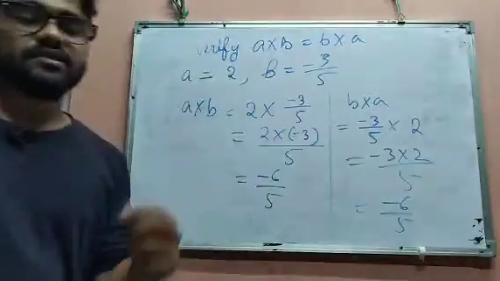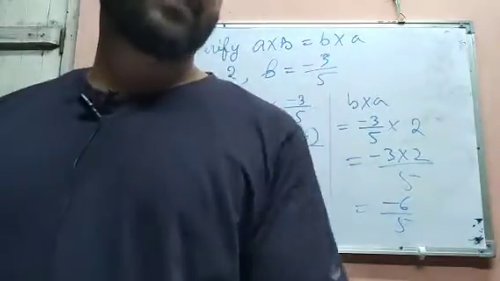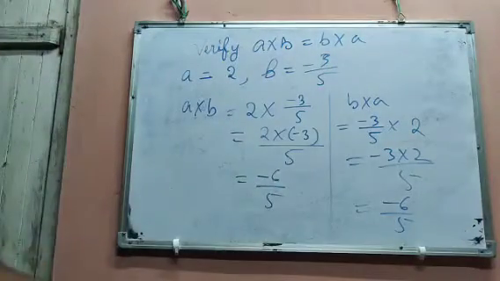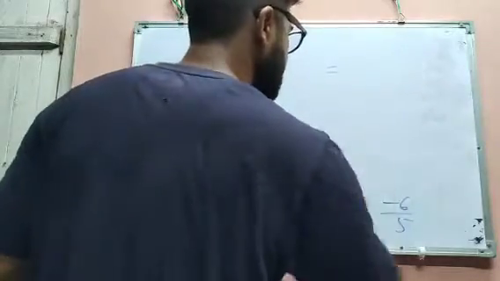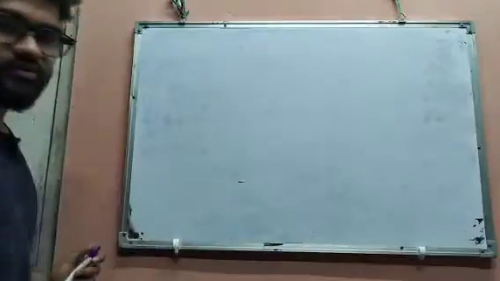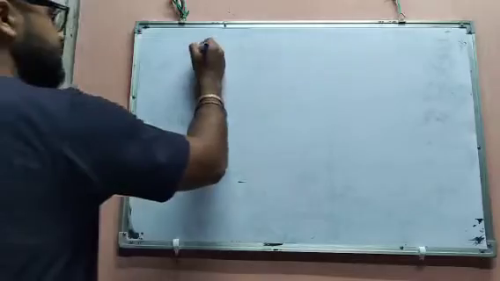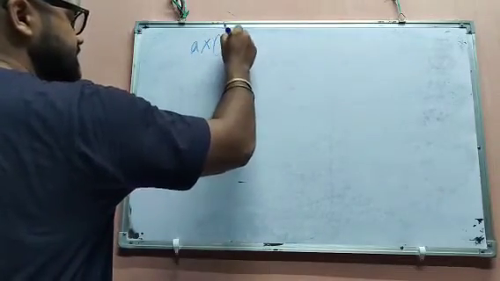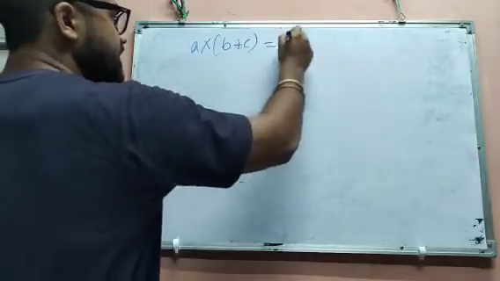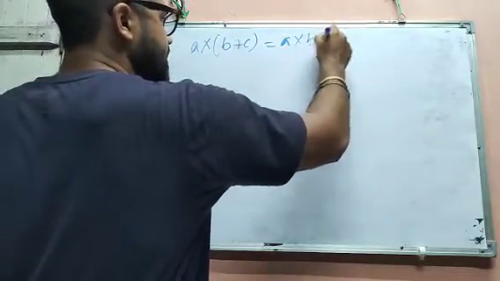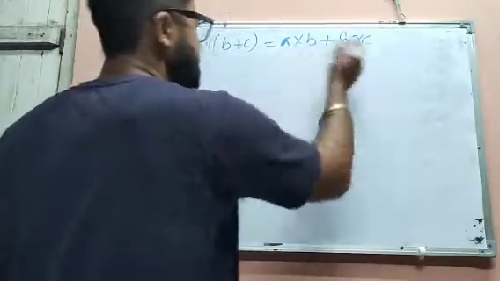Another thing is, we may be given a property to verify like a into b plus c equal to a into b plus a into c.